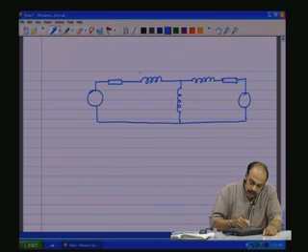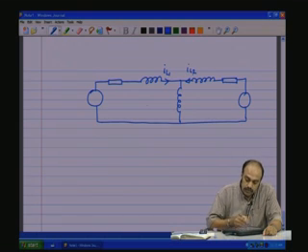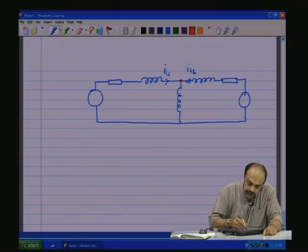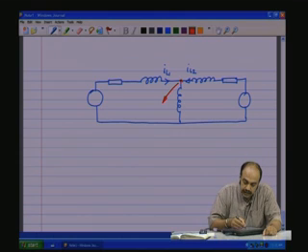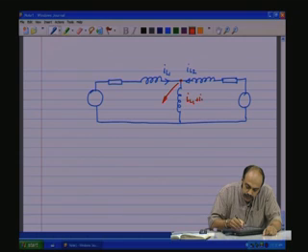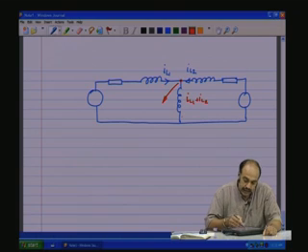So, here let us say this is IL1 and this is IL2. Once these become the state variables, the current through the third inductor is automatically determined by Kirchoff's current law, and this is most fundamental. There should not be any accumulation of current here. So, by Kirchoff's current law, this is IL1 plus IL2, and therefore, this is not a state variable. There are only two state variables, even though it apparently seems that there are three energy storing elements.